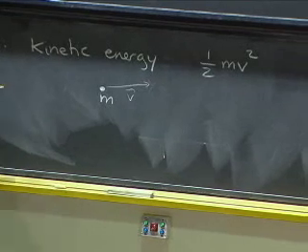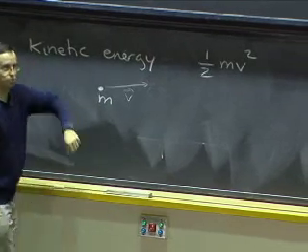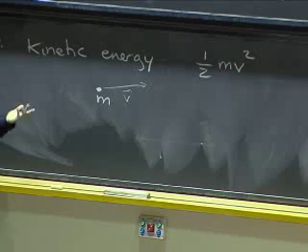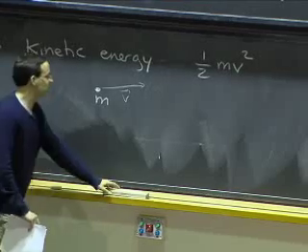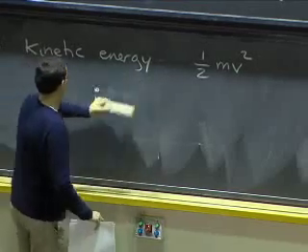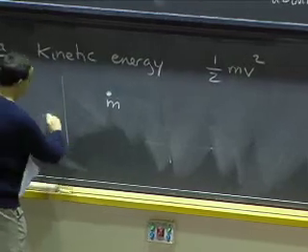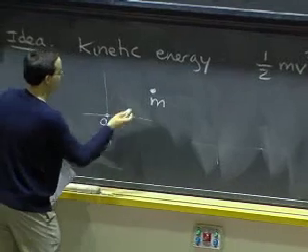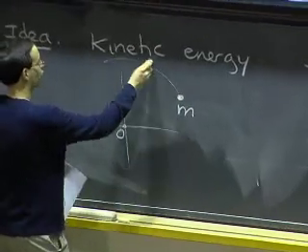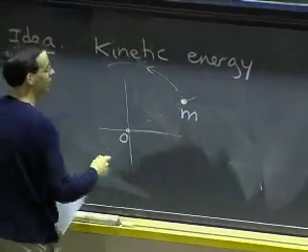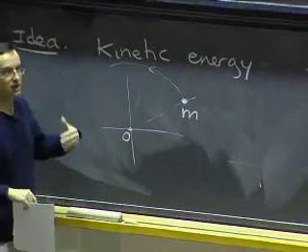Now let's say that instead of just trying to push this mass, I'm going to make it spin around something. Instead of just going somewhere, maybe I will have here the origin, and I'm trying to make it go around the origin in a circle at a certain angular velocity.